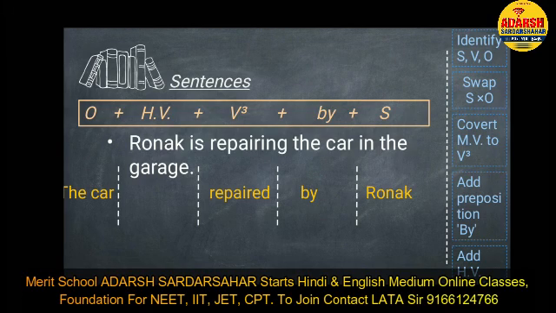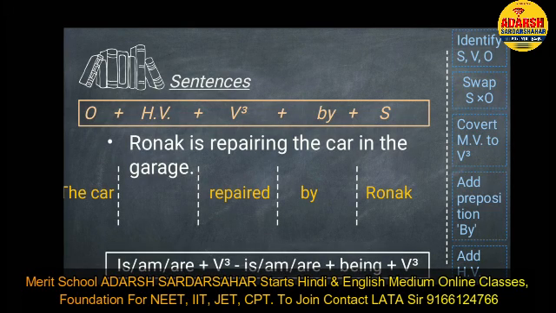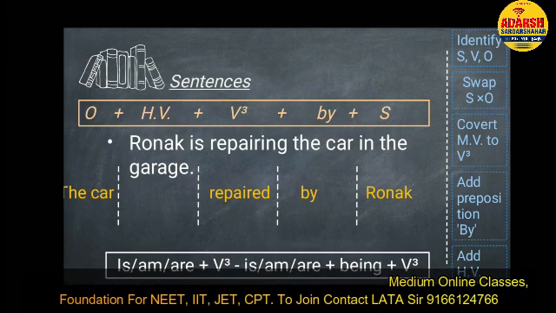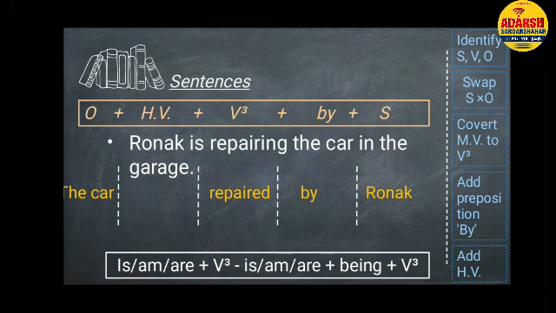Now finally the fifth one, our fifth step, which is add the correct helping verb. So let us revise that in active the helping verb is is/am/are plus verb's fourth form, while in passive the helping verb is is/am/are plus being plus verb's third form. So here according to our object we put a helping verb.